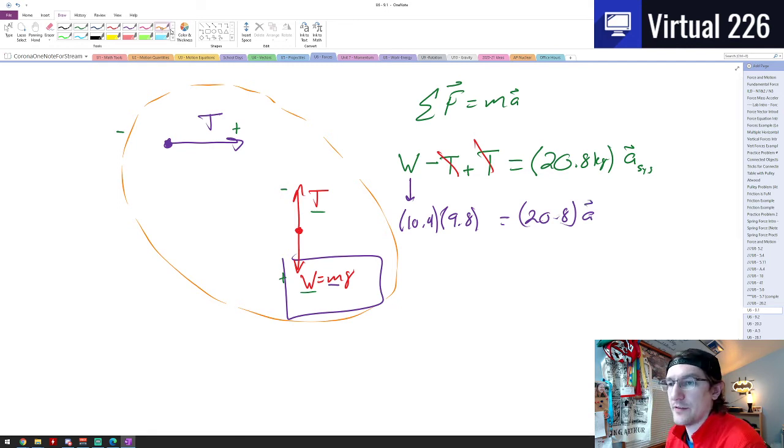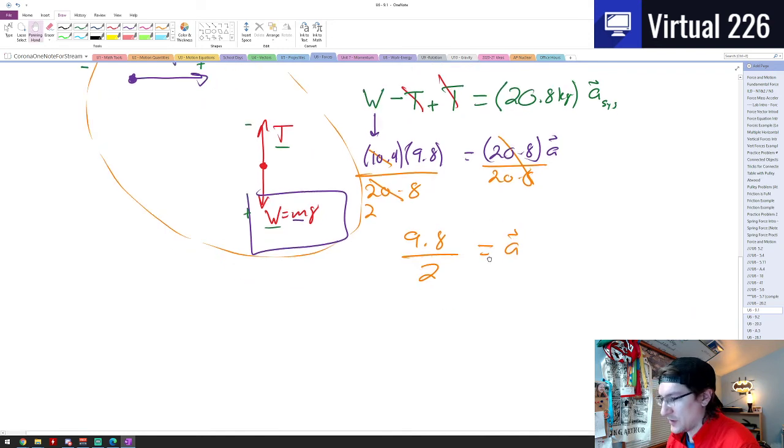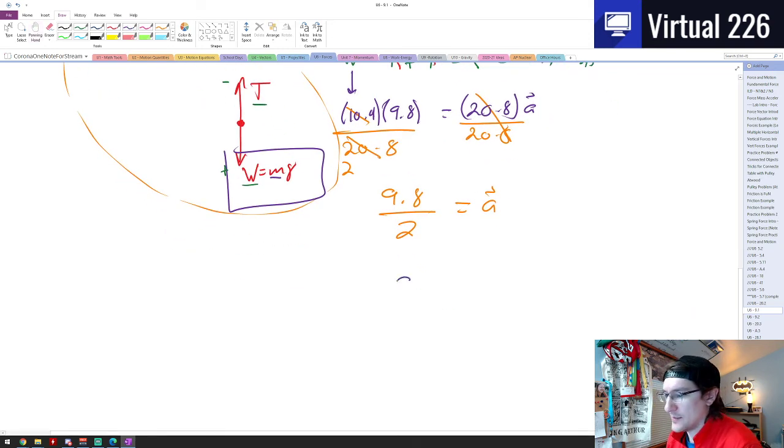If we divide by that 20.8 on each side, we'll see quickly that 10.4 over 20.8 reduces to just 1/2. So this is going to be 9.8 divided by 2, and that's going to equal the acceleration. So our acceleration simply becomes 4.9 meters per second squared.